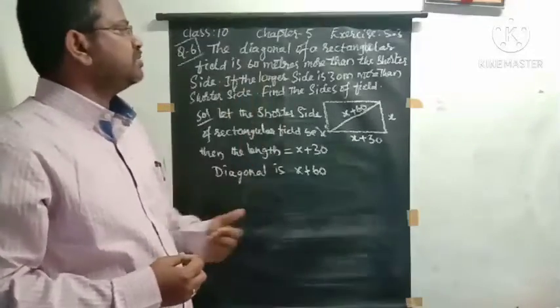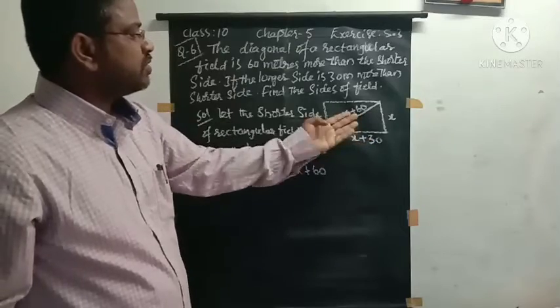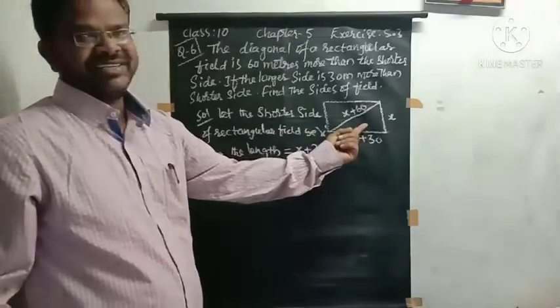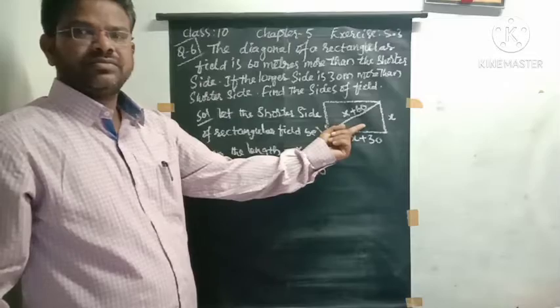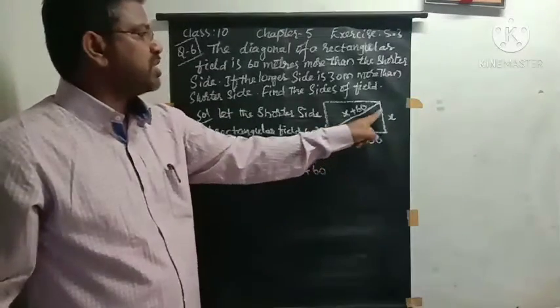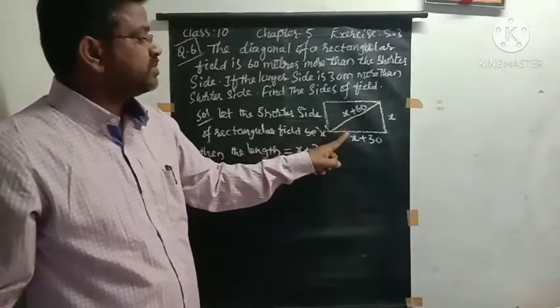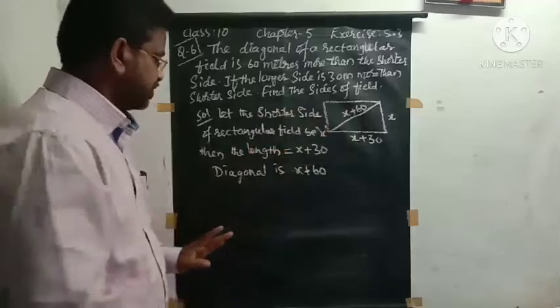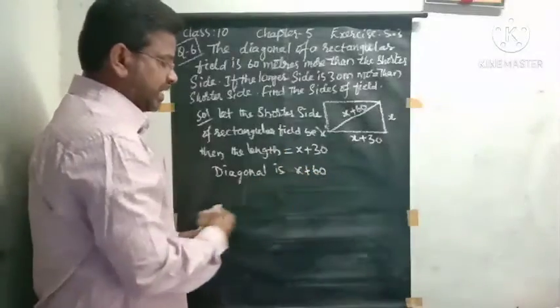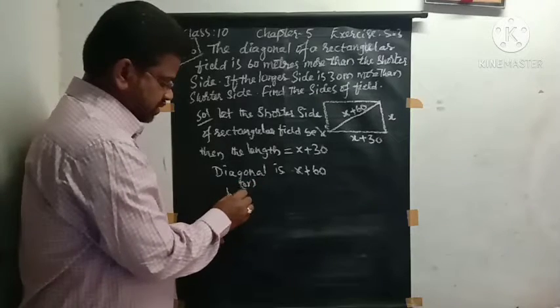So by the problem, this diagonal is the hypotenuse of the lower triangle. So here the diagonal is x plus 60 and we call it a hypotenuse.